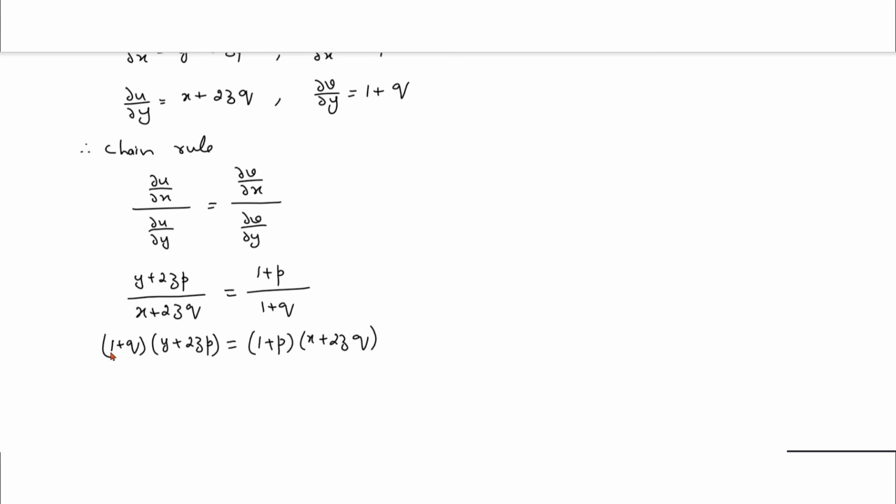Now first we multiply this 1 with the entire expression, we will get y plus 2zp, plus q multiplied by y, you will get qy, and q multiplied by 2zp, you will get 2zpq. Here 1 is multiplied by these two expressions, you will get x plus 2zq, and p is multiplied, you will get p times x.